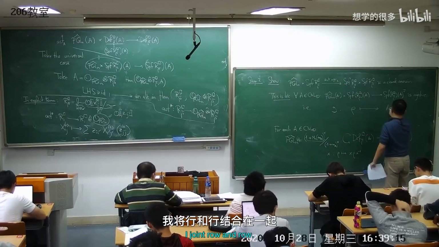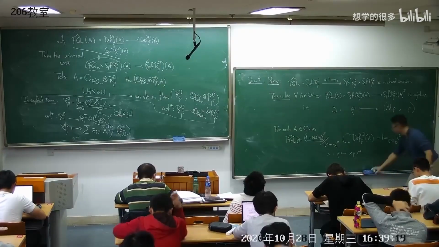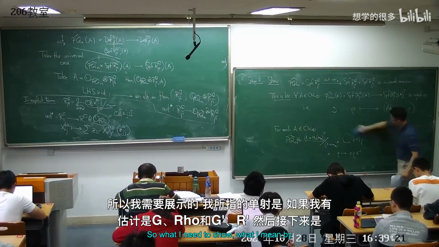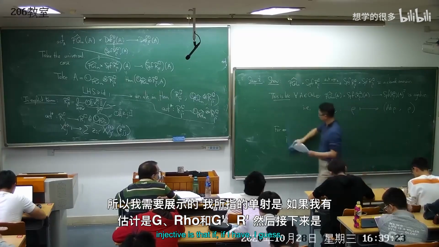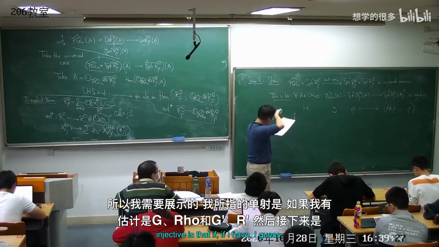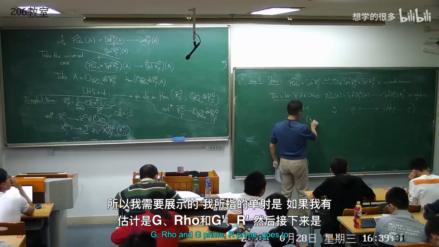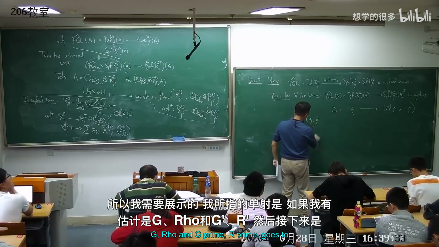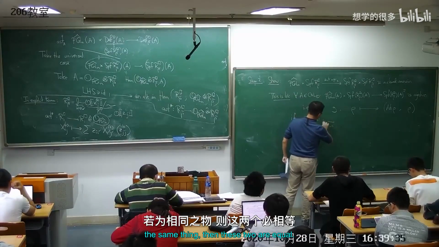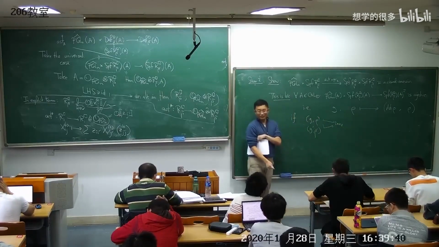Action, okay, the adjoint of g on rho. What I mean by injective is that if g, rho and g', rho' go to the same thing, then these two are equal.